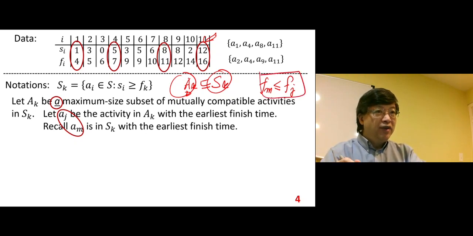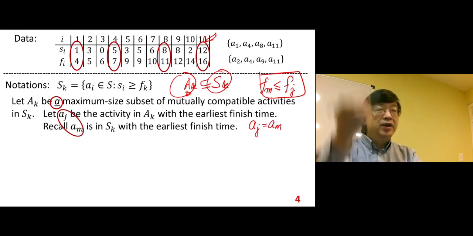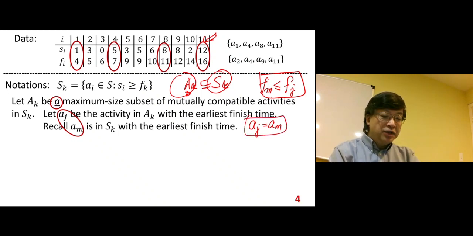The first thing is, if AJ equals AM, then we're done. Right? AJ equals AM, they are the same. AK is a maximum subset of mutually compatible activities, containing AM, that's our claim.